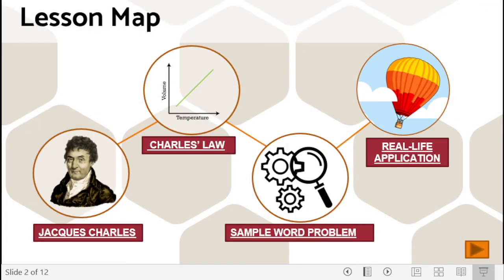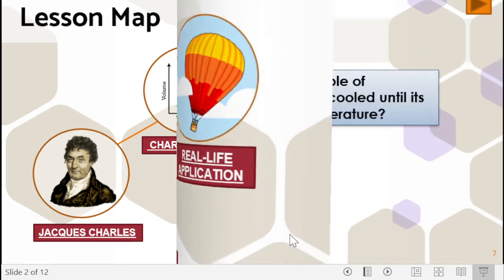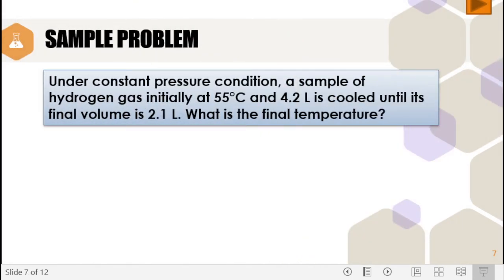Now that we are familiar with Charles' law, let us apply the formula in a sample word problem. Under constant pressure, a sample of hydrogen gas initially at 55 degrees Celsius and 4.2 liters is cooled until its final volume is 2.1 liters.